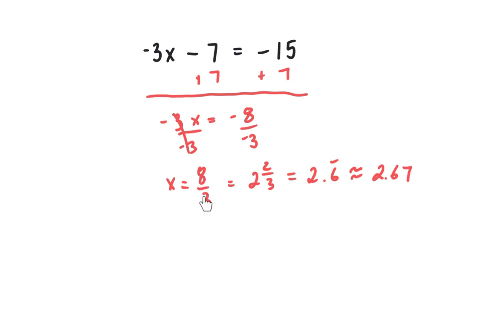You could have an improper fraction. That's where the bigger number's on top. You could write it as a mixed number where you say, well, 3 goes into 8 2 times, because 2 times 3 is 6, but then I still have 2 left over. Or type it in your calculator, and you'll notice it's a repeating decimal. Or give an approximation to however many decimals you're instructed to use.